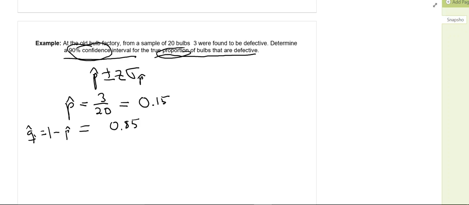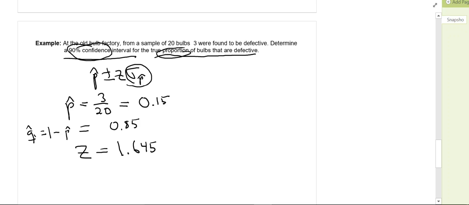The next thing I need is Z, because with proportions, we always work with the Z table. I need the Z-score associated with a 90% confidence interval. Show yourself that this is 1.645. I need the standard deviation for the sample proportion. That's a formula: sigma of p hat is the square root of p hat times 1 minus p hat over n.